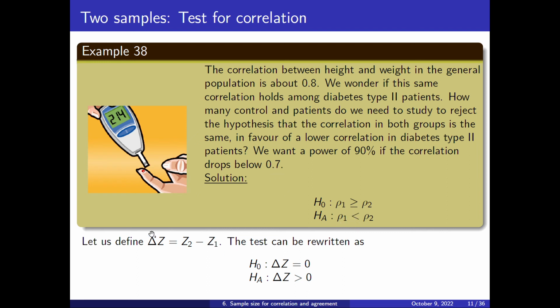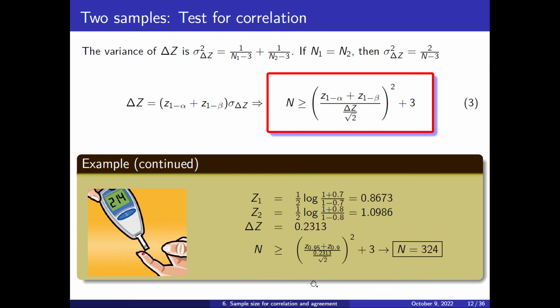We define delta z as the difference between the two correlations. There is some mistake here, so this should be smaller or equal. It has to be the complement of this, and then the variance of delta z is this one. If the two group sizes are the same, then we can simply express it in this way, and then we can calculate the sample size in this way.